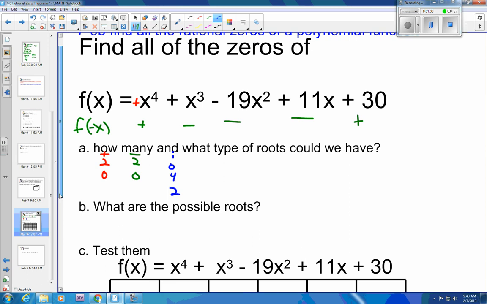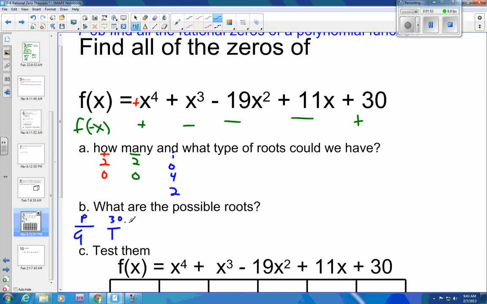The next thing we want to do is find which ones are possible, so that's using our rational zero theorem. So we put P over Q, and P is 30, and Q is 1.